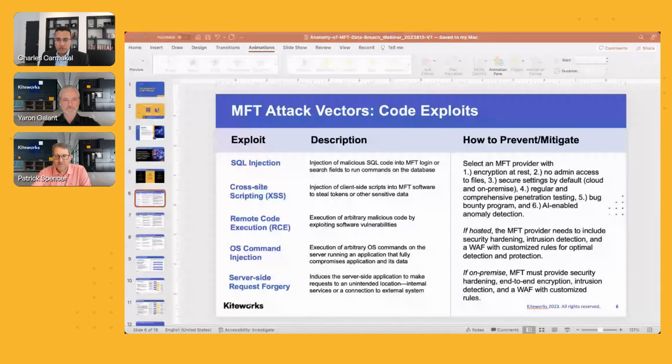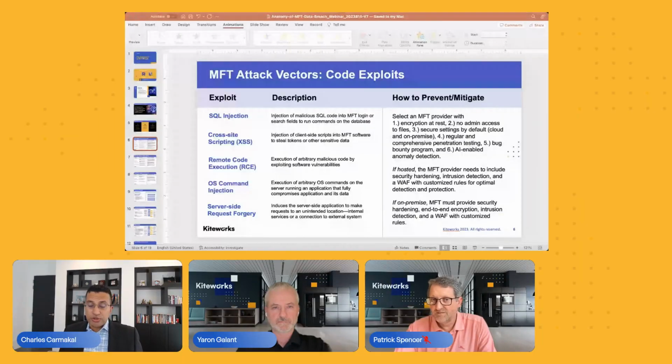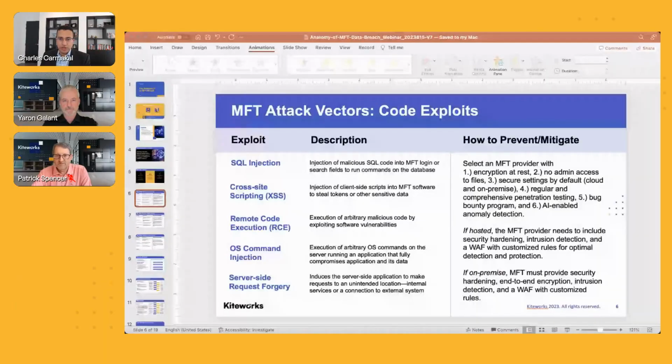And one of the reasons why MFT solutions have been interesting and popular lately, and by the way, just to be clear, when we look at all the exploitation that's occurred across all the different technologies, there have been so many technologies and providers that have had exploitation events. We just hear a lot about MFT exploitation events because there happen to be a lot of victims associated with a few campaigns.